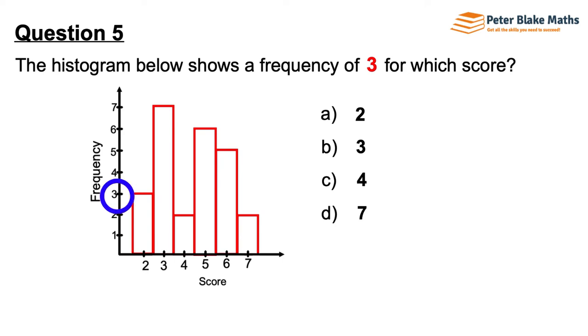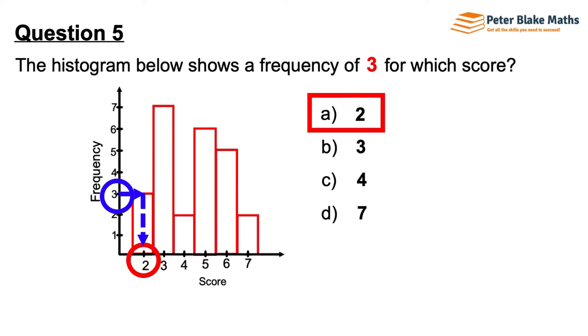You can see that on the left hand side there, I've circled it in blue. If we go across to find the columns that match that frequency of 3, there's only one column, and that is the column sitting on the score of 2. So the score of 2 has a frequency of 3. Our final answer is 2.